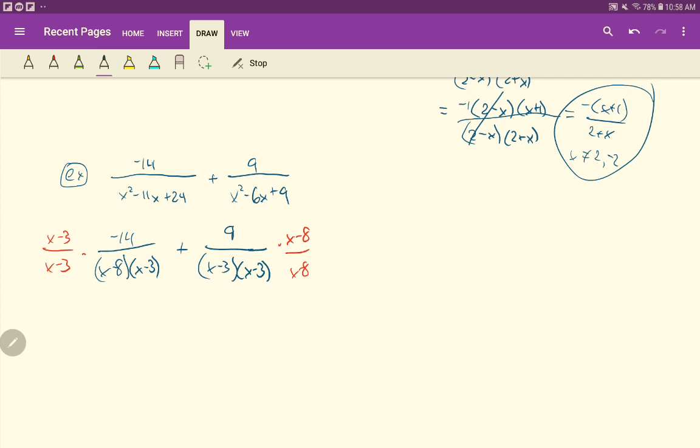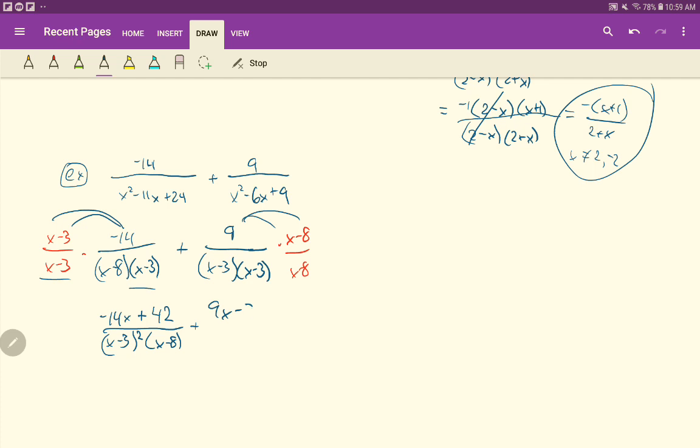Okay. And so I end up with negative 14x when I distribute here, plus, let's see here, 42, over, and I'm just going to leave this unmultiplied. In fact, I'm going to say it's x minus 3 squared times x minus 8, because x minus 3 times x minus 3 makes x minus 3 squared. And then again, distribute the 9.